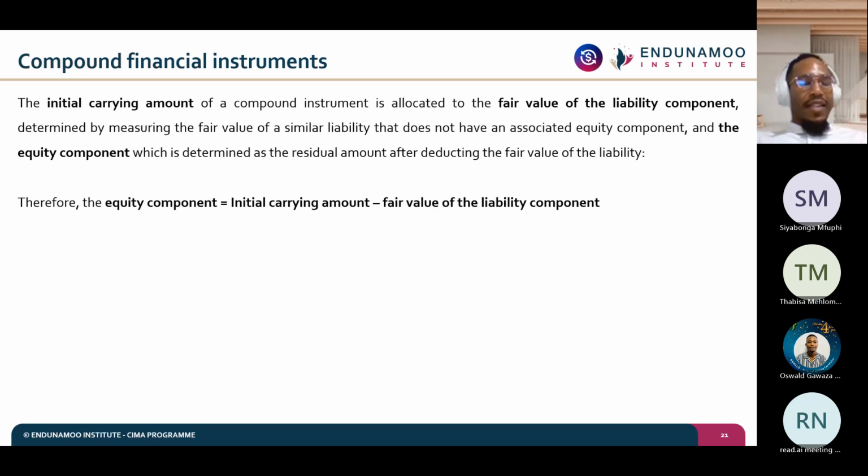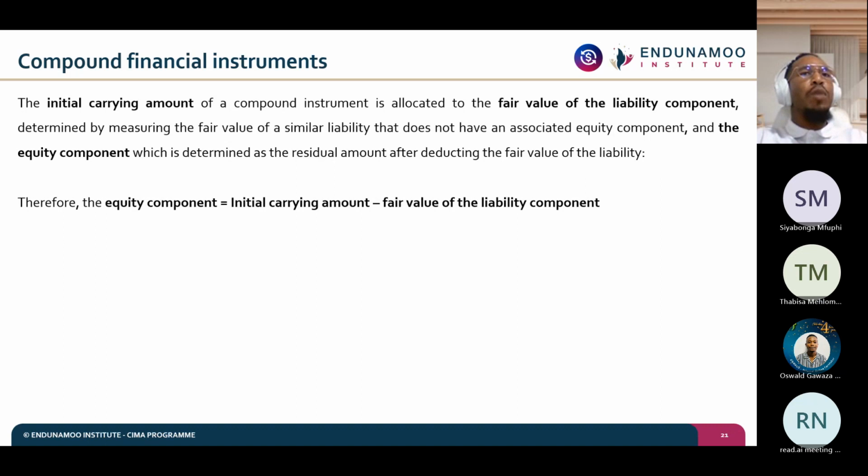The standard says to us that the initial carrying amount of that compound financial instrument, i.e., the amount that went into the bank account, has to be allocated first to the fair value of the liability component, which is determined by measuring the fair value of a similar liability that does not have an associated equity component. And then the remainder goes to the equity component.